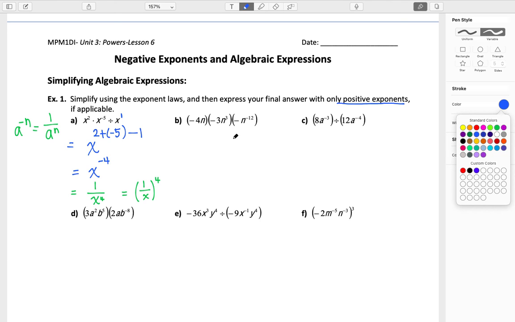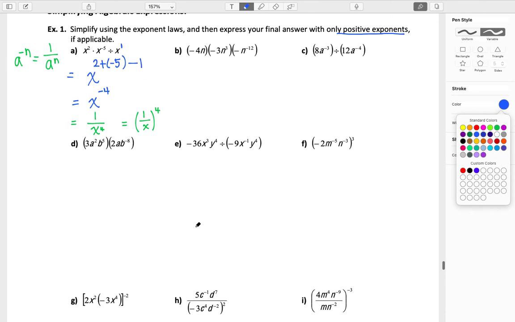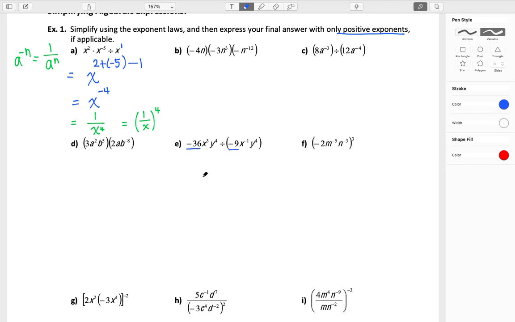Okay, now let's try letter E. We're dividing this time, so we do the coefficient first. Negative 36 divided by negative 9 gives me 4.